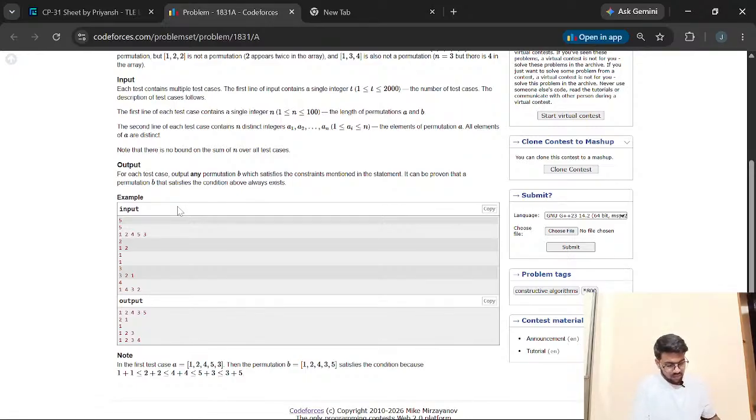Okay, what I will do is I'll take an array. One, we have one, two, four, five, three, right? And I will take one, two, three, four, five. What I will do is I'll take the first and add them, which will be one plus one. Then we'll compare this.